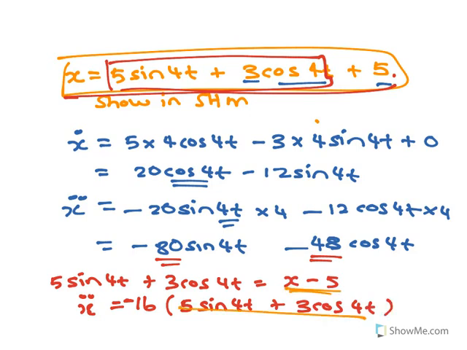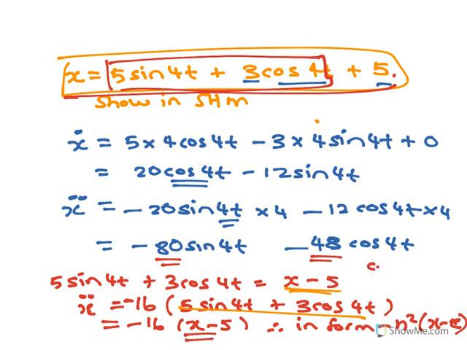And in place of this, we are just going to put x minus 5. And therefore, it is in the form of minus n squared x minus c. So your centre here is x equals 5. N is equal to the square root of 16, which is 4. So the period would be 2 pi on 4, or pi on 2.